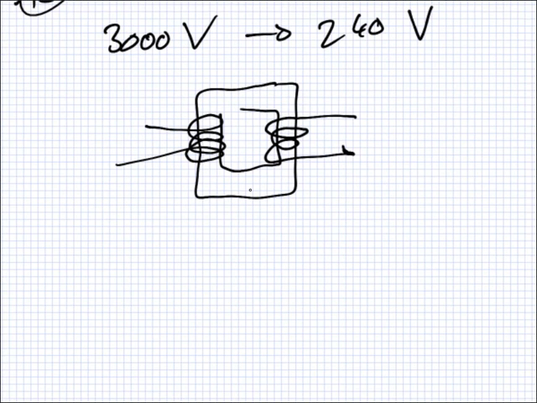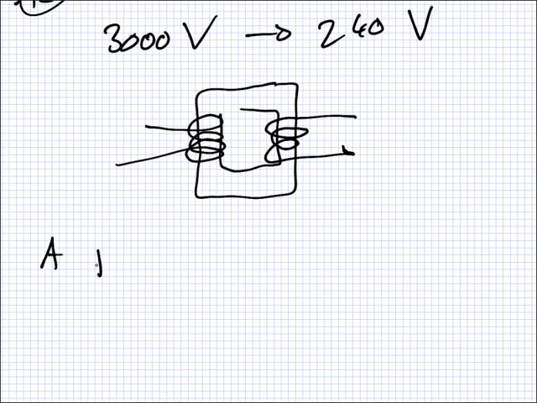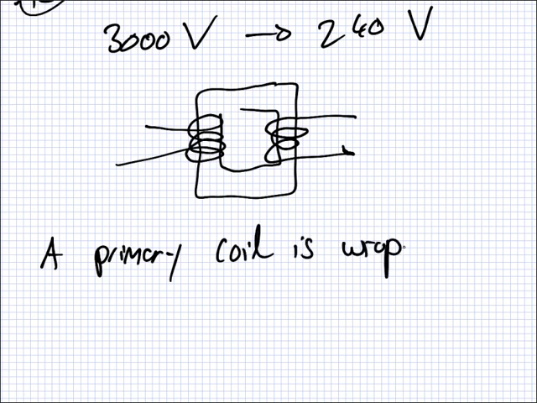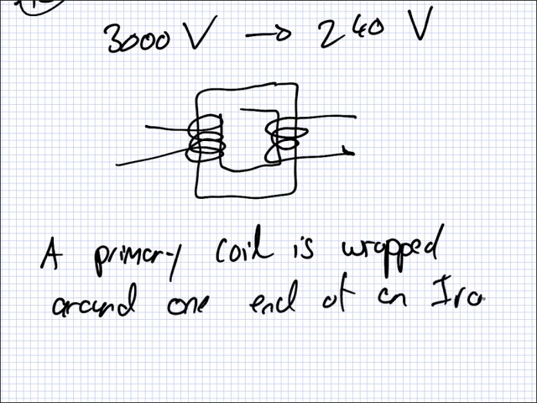So a primary coil is wrapped around one end of an iron core as shown.